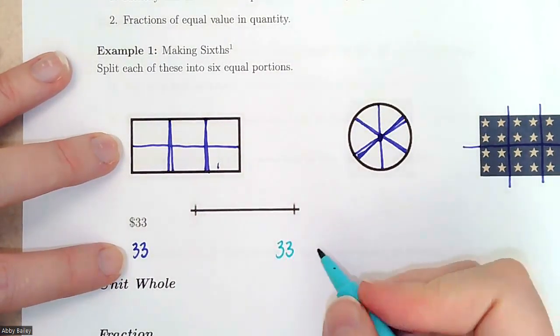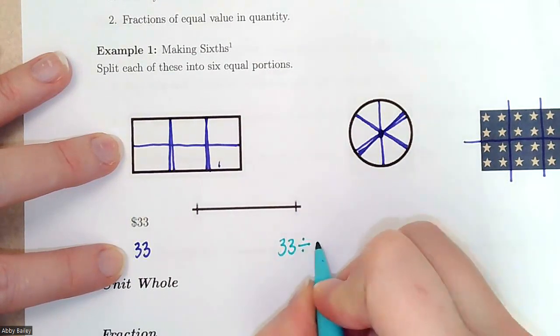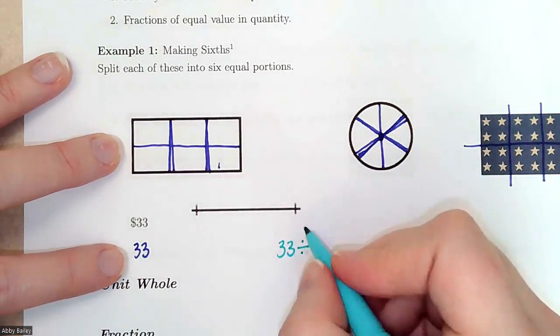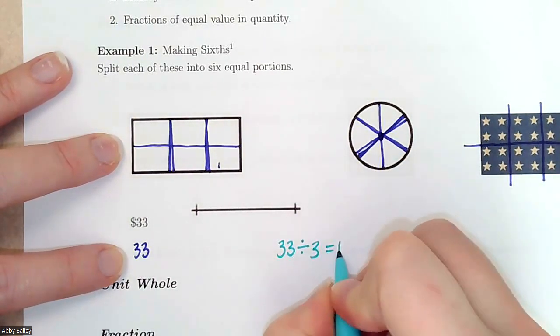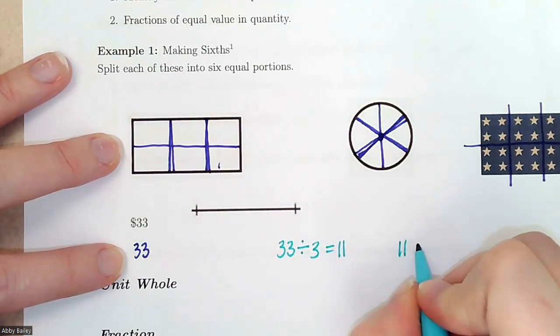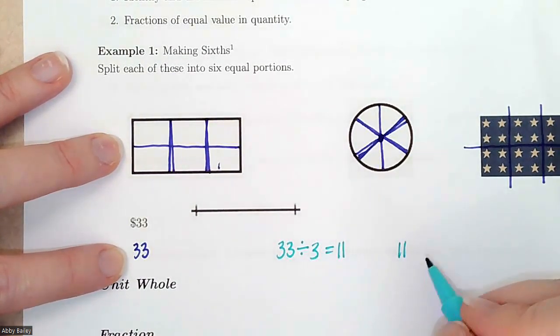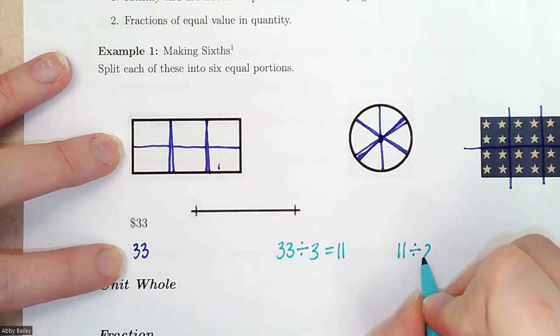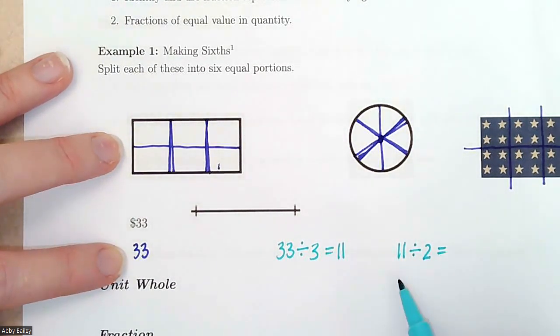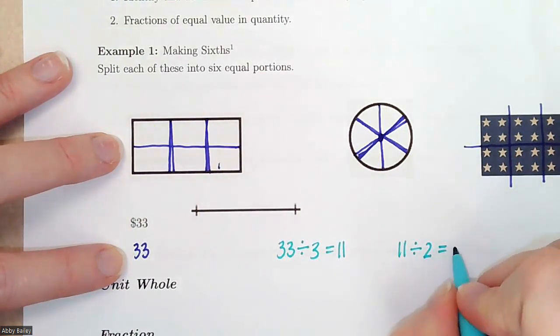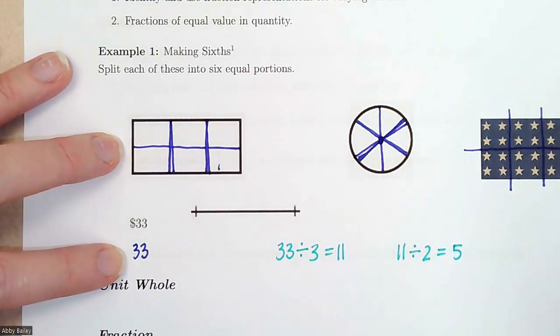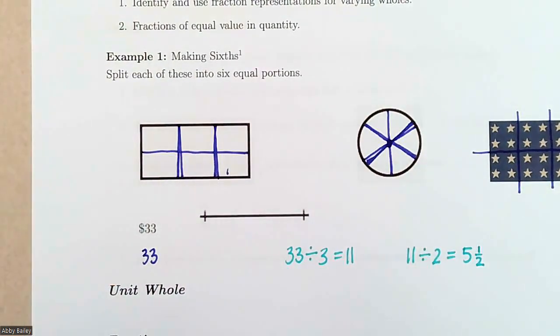At first, my brain wanted to do 33 divided by 3 to get 11. And then it wanted to take that, split it into 3 equal groups and split it into 2. And I mean, half of 10 is 5. And so this would be 5 1/2, which is $5.50.